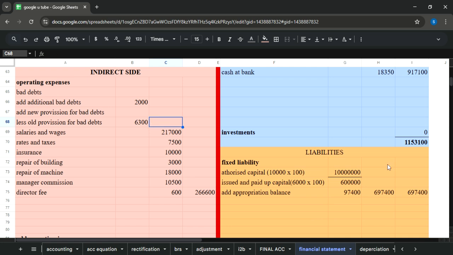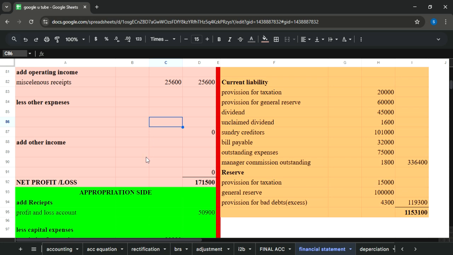So these were two ways. If you want to write a minus sign in expense side, you may write. Your balance sheet would not be suffered. Second option was to write it in other income side. Even then your balance sheet was supposed to be equal. Now third option we have opted, minus of provision we have entered in reserve. Even then our balance sheet is still equal.